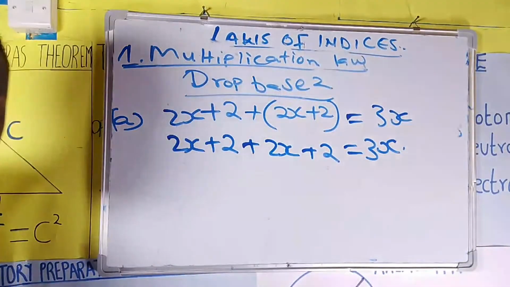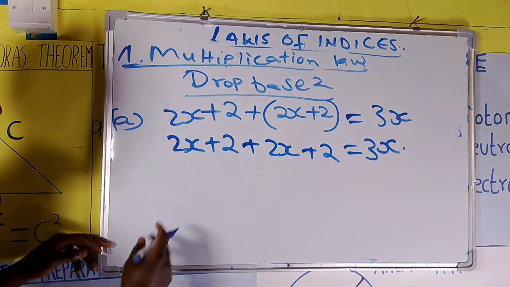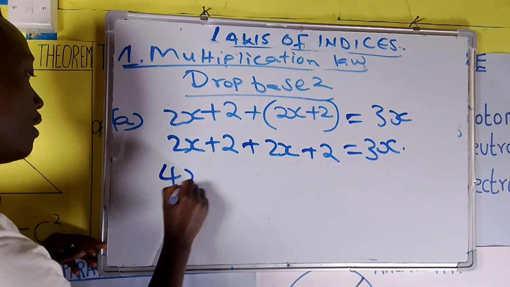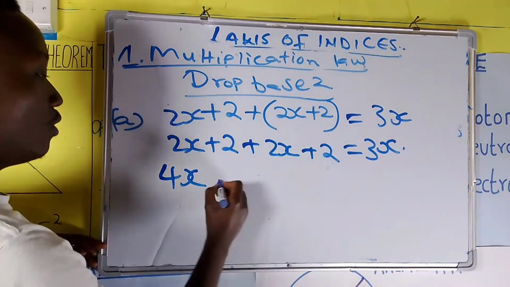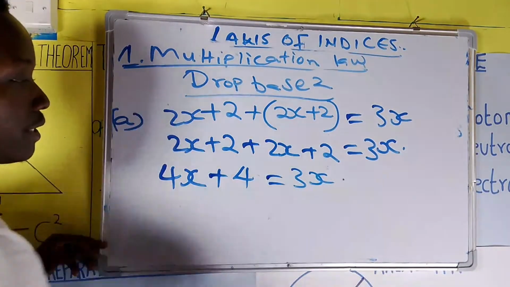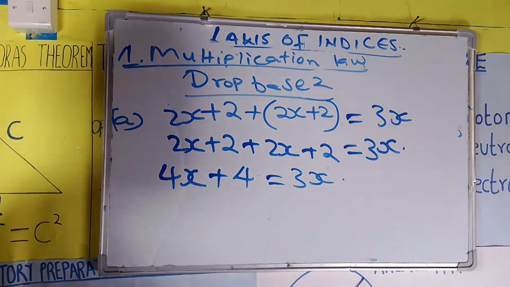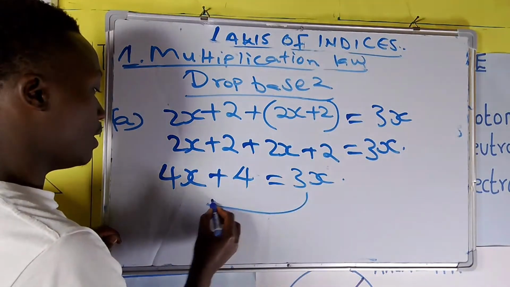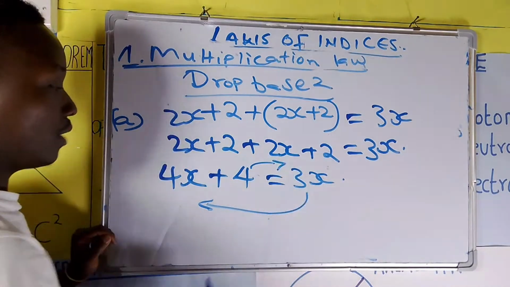we will now work this one out to have 2x plus 2x is 4x. 2 plus 2 is 4 is equal to 3x. So what we will now do, we will now put the right terms together. So we will bring this to this side and take positive 4 to the other side.